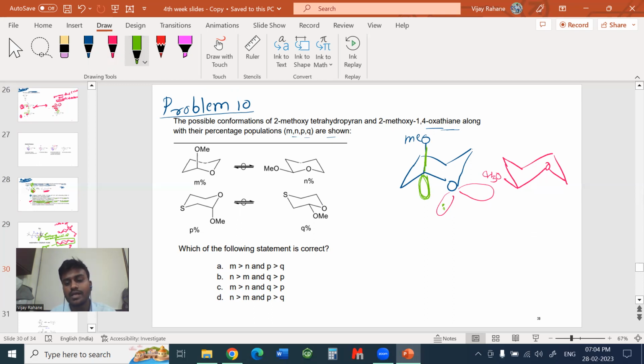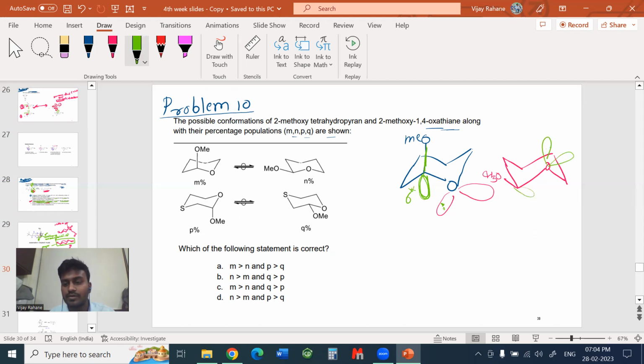Here there will be anomeric stabilization: this vacant sigma star orbital of the C-O bond gets stabilized because of this lone pair. Such stabilization is not possible for this one.